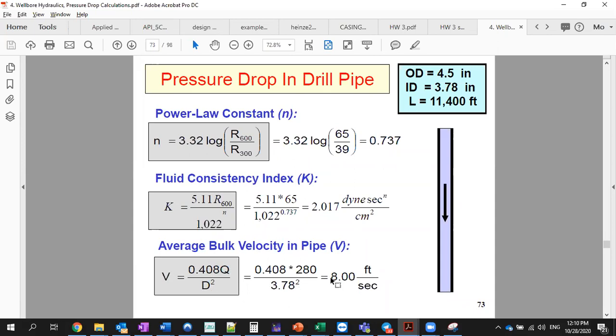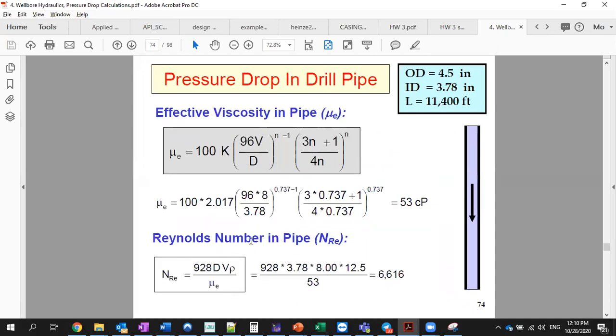So you calculate your velocity, then for power law fluids, you calculate your effective viscosity using this equation, which you see has parameters from your rheology, K and n. You see the outer diameter in that equation. And then once you calculate your effective viscosity, you can calculate your Reynolds number.